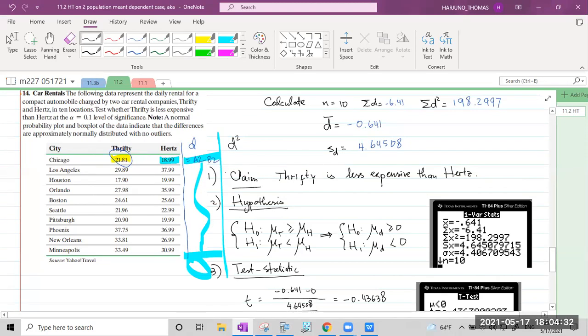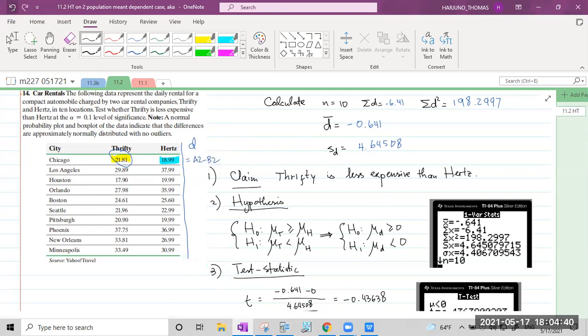Then you square them, and the sum down here will be the sum of D squared, and so on. But yes, that's if you know how to use Excel. If you don't know how to use Excel, you basically cannot perform statistical work without a TI-84. So learn Excel, as your senior in college and university.